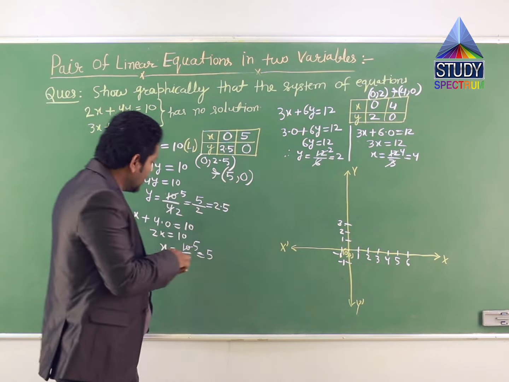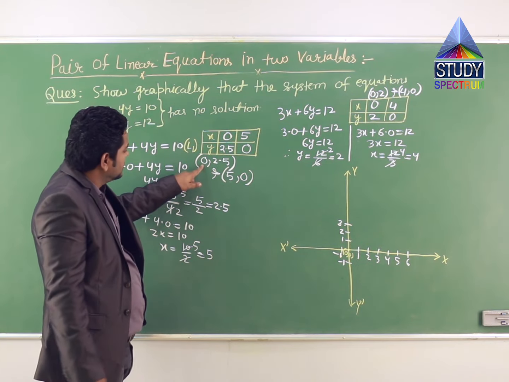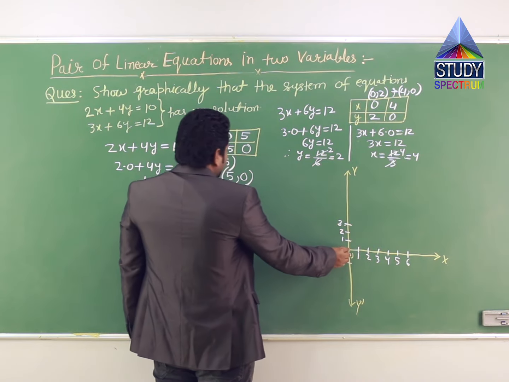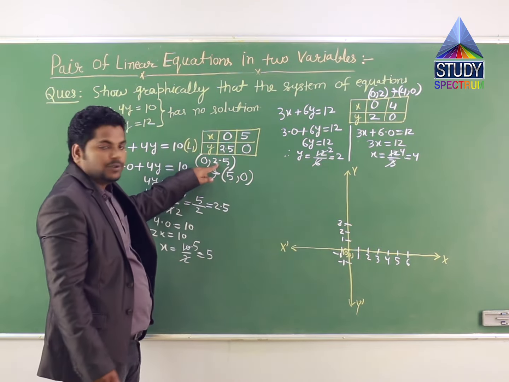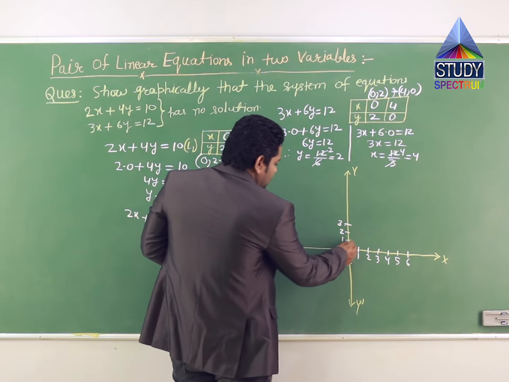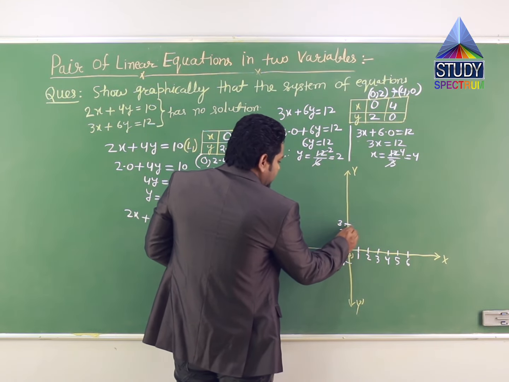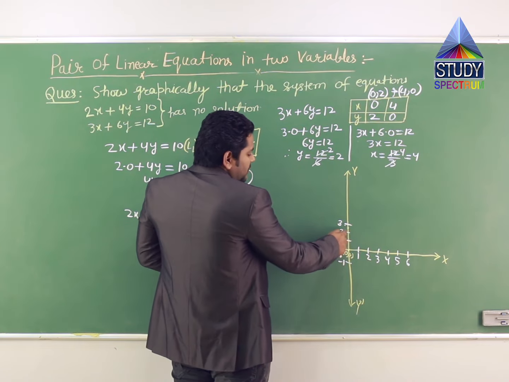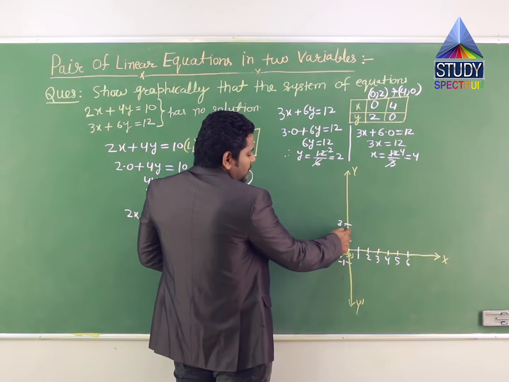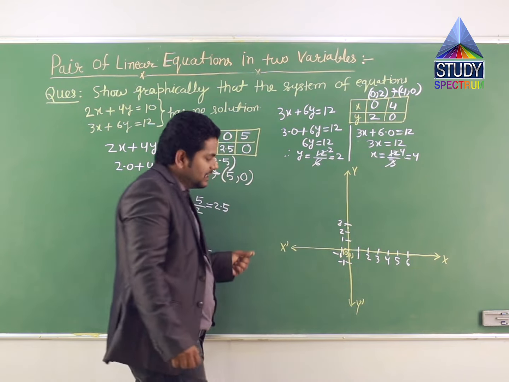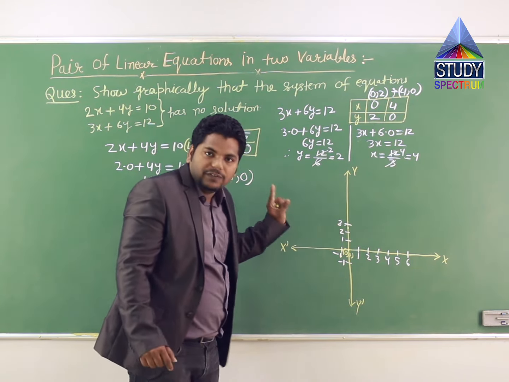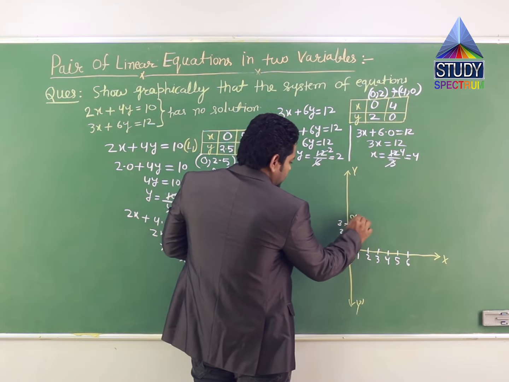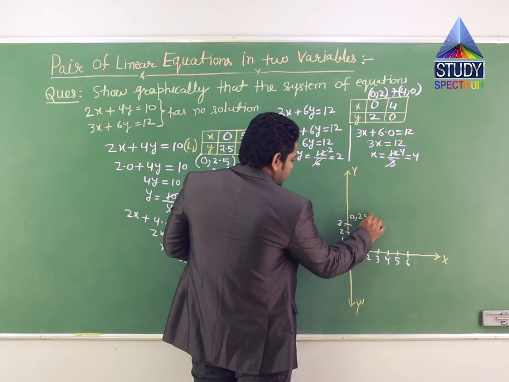Now locate the point 0, 2.5. It means in the x-axis we have moved 0, and we have moved 2.5 in the y direction. So 1, 2, 3, but 2.5 we have to take in between, at the midpoint. 2.5 is half greater than 2 and half less than 3, so it is the midpoint of 2 and 3. So the point is 0, 2.5.